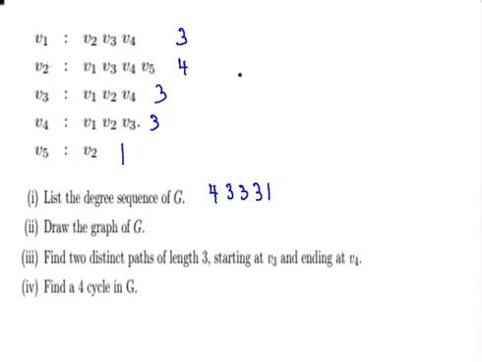So what I'm going to do here is in the top right, I'm going to start off by drawing the vertex with the highest degree, which is vertex 2. I'm going to connect it to all the other vertices here. Now I have a fair idea what it looks like, so I'm just drawing it out in a particular way.